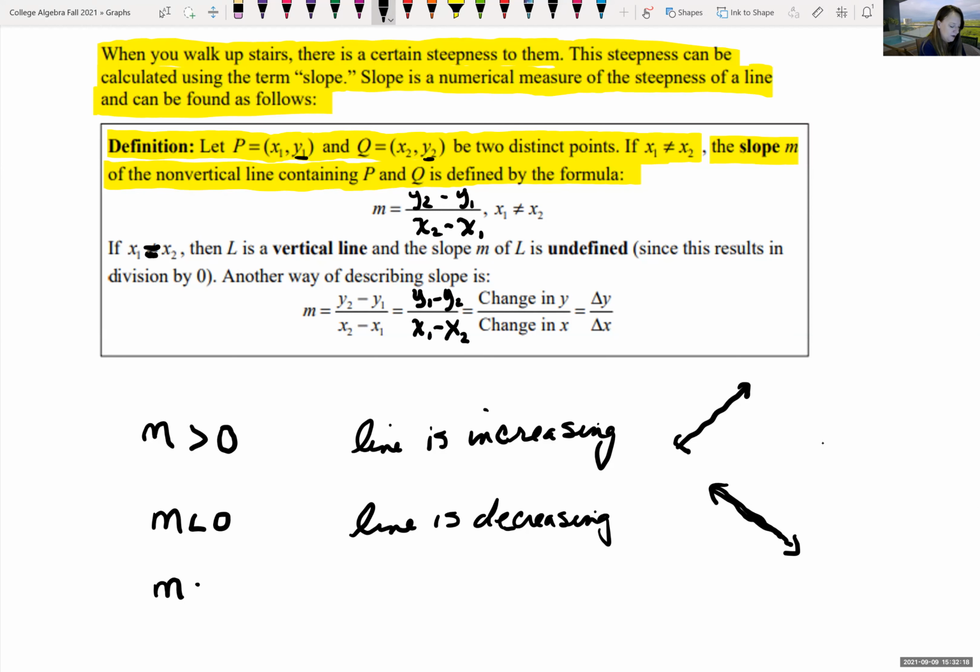If your slope is equal to 0, that means our y values had to be the same because 0 over some number is 0, and we said x couldn't be the same. If our slope is equal to 0, the line is horizontal.